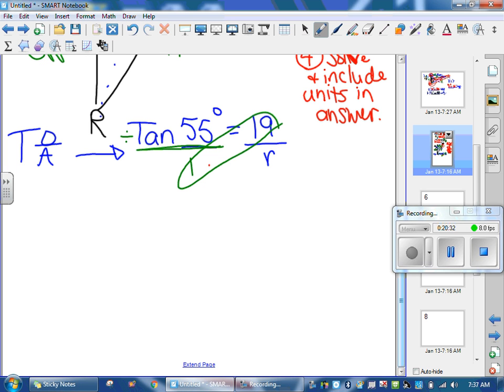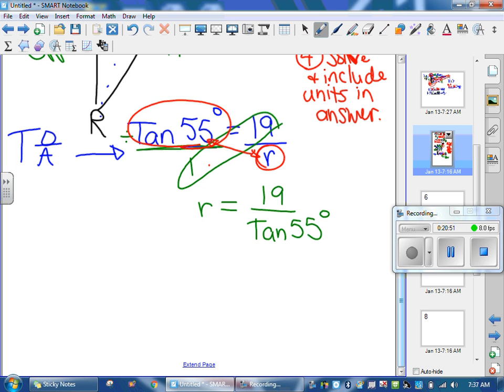An easier step is going to be to switch the tan 55 with the R, because essentially that's exactly what happened. So whenever you're solving for a number on the bottom of the fraction, the ratio on the left is going to switch places with what you're finding on the bottom. So that means we're going to divide by tan 55.